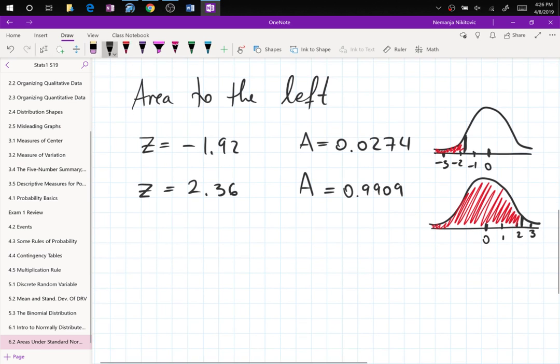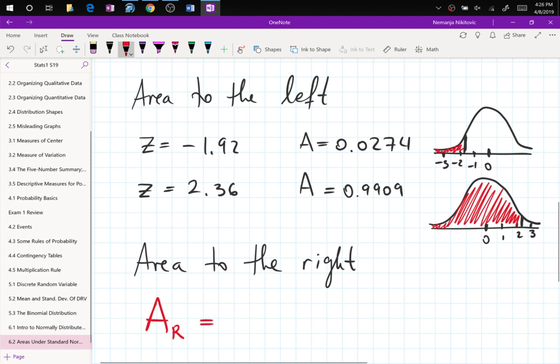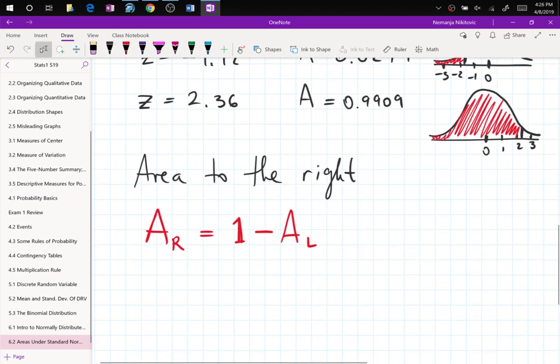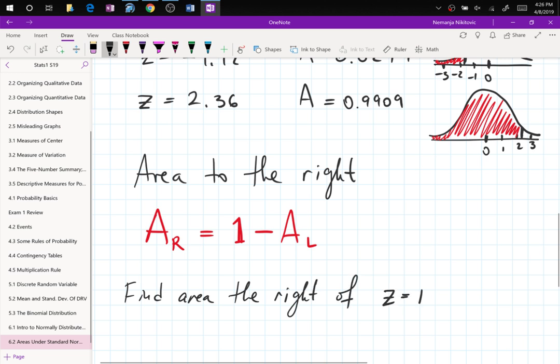Now, what do we do for area to the right? Excellent. So I can write a formula. Area to the right is going to be 1 minus the area to the left. So now find the area to the right of z equals 1.12, for instance.